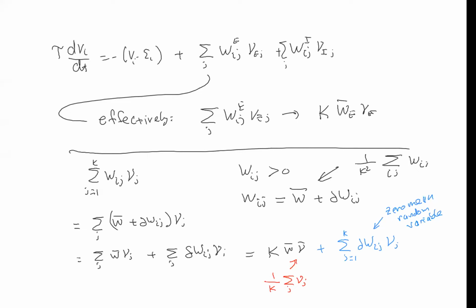And I'm going to actually go to the next page and write this down. So we have the sum on j of wij nu j equals k, the average value of the weights times the average value of the firing rates, plus the sum on j of delta wij nu j.